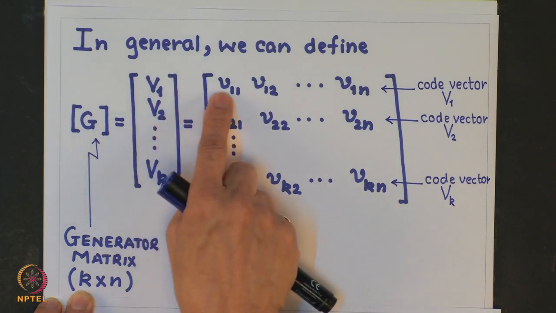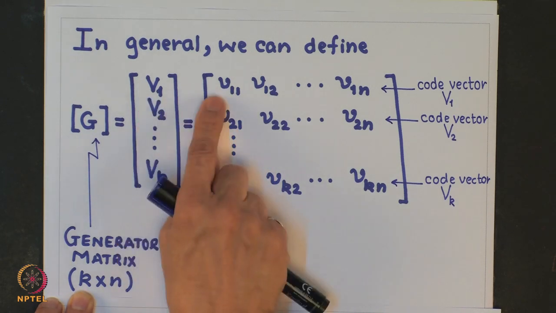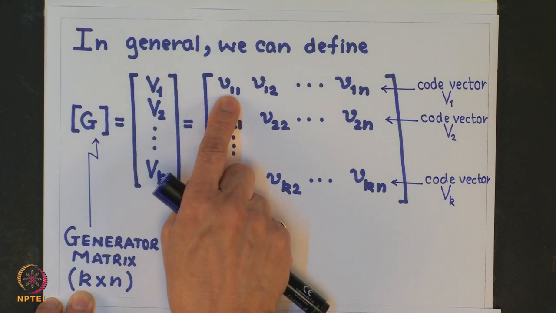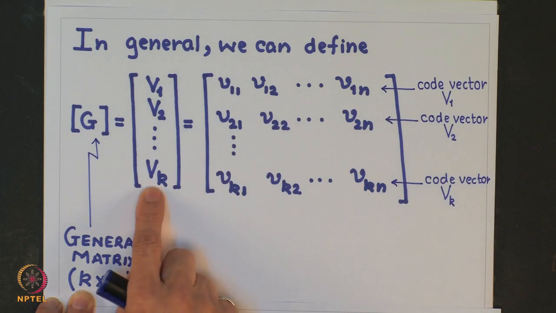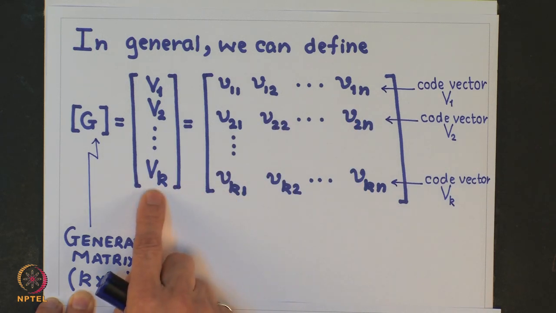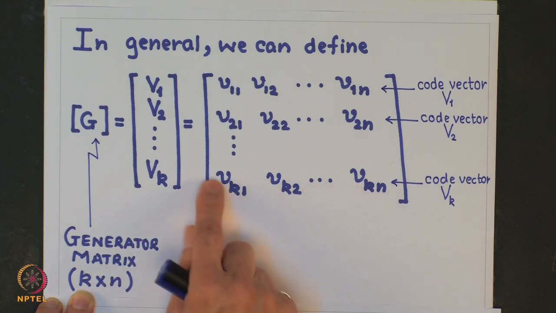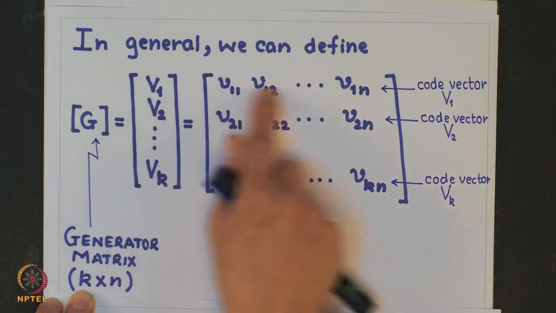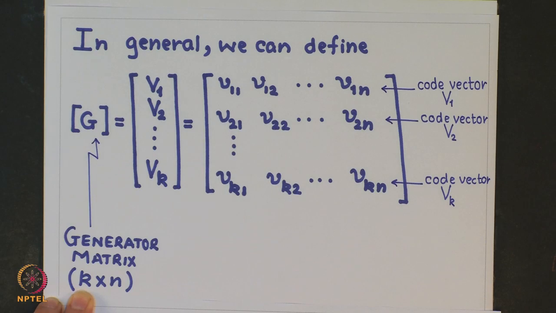The vector elements for the code vector V1 are V11, V12 up to V1n, and similarly the components of the code vector Vk are Vk1, Vk2, up to Vkn. So, these code vectors form the rows of this generator matrix.